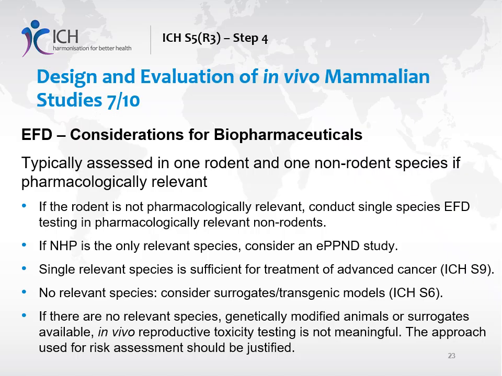Calculating safety margins relative to human exposures with surrogate molecules is not appropriate. If there are no relevant species, genetically modified animals or surrogates available, in vivo reproductive toxicity testing is not meaningful. In this case, the approach used for risk assessment or rationale for not conducting studies should be justified.